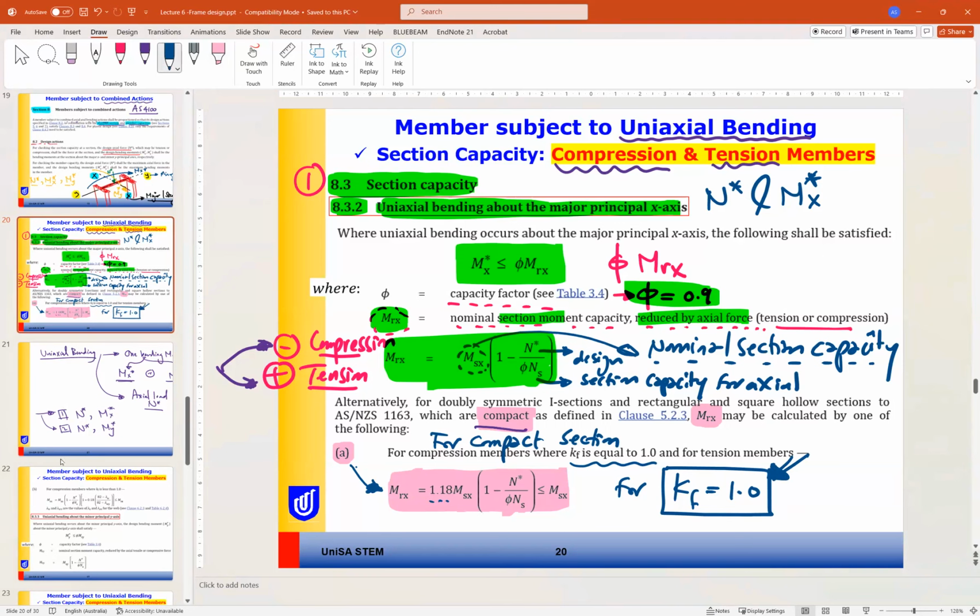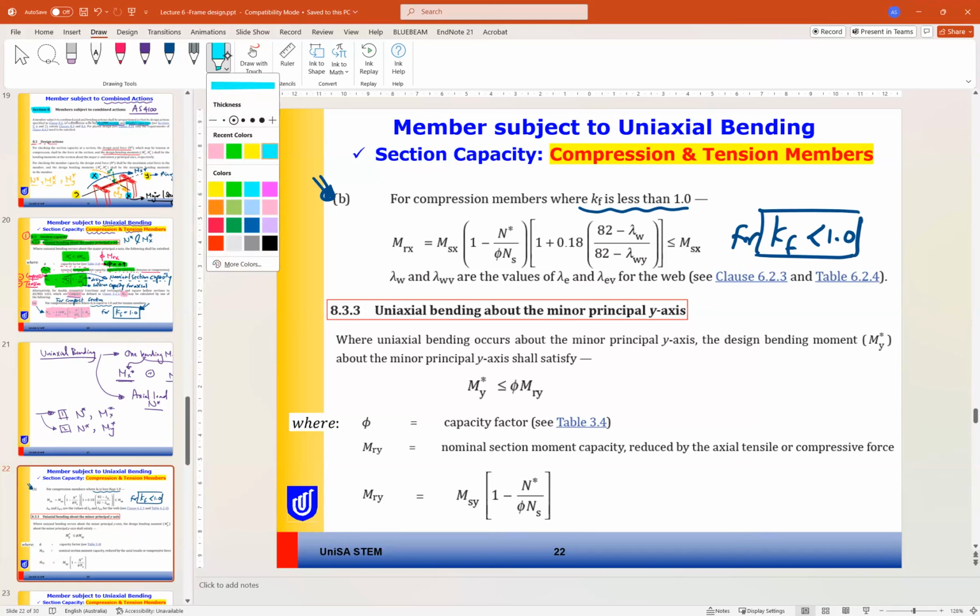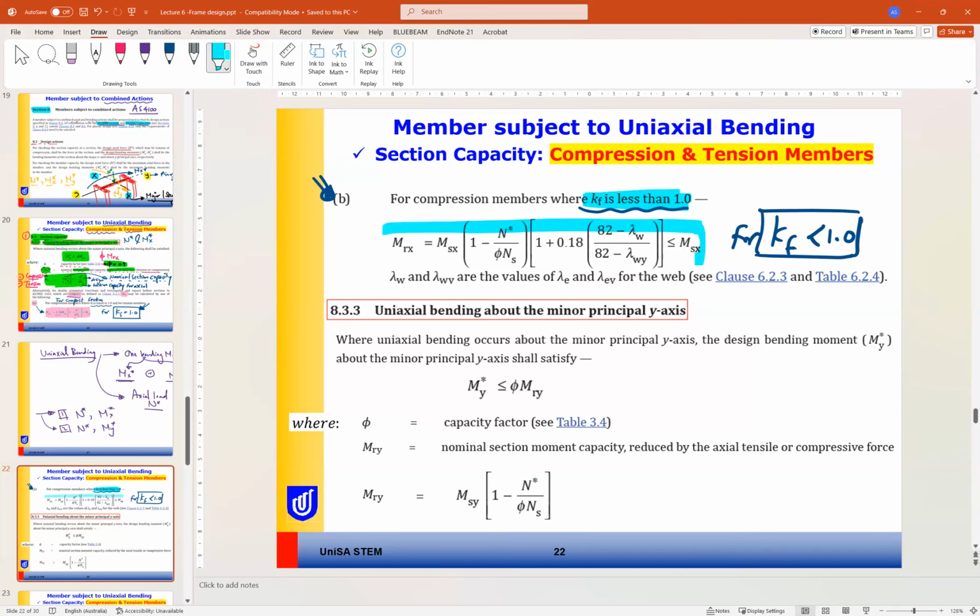What if Kf is less than 1? In this case, Mrx will be found using this formula here.